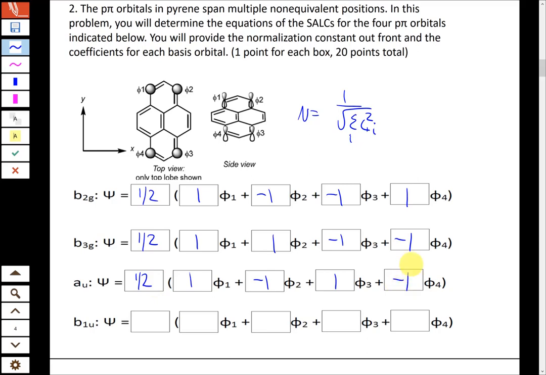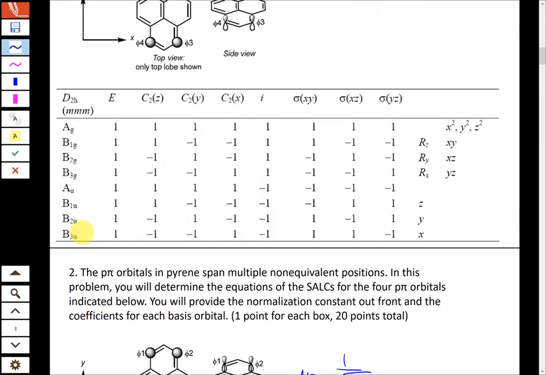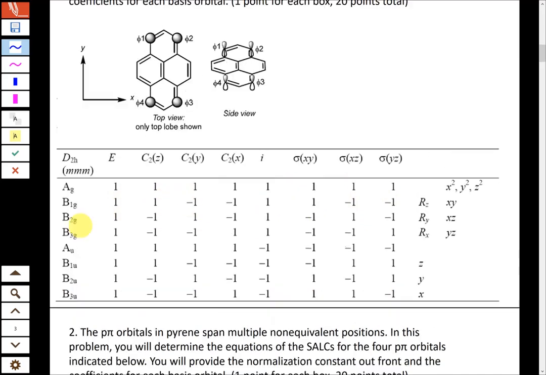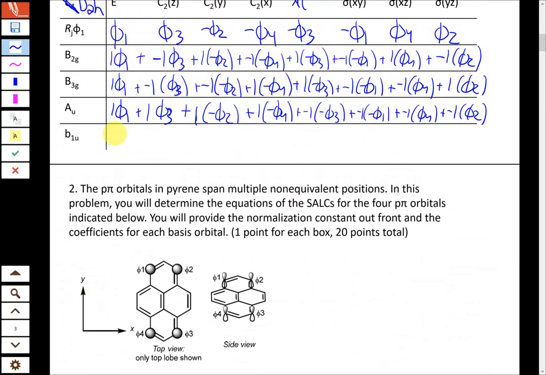And then B1U is the last one. The characters for B1U are 1, 1, minus 1, minus 1, minus 1, minus 1, 1, 1. So 2 plus 1s on the outside, 4 minus 1s in the middle. When we multiply by that, we get 1 phi 1 plus 1 phi 3, and then minus 1 times minus phi 2 plus minus 1 times minus phi 4 plus minus 1 times minus phi 3 plus minus 1 times minus phi 1.